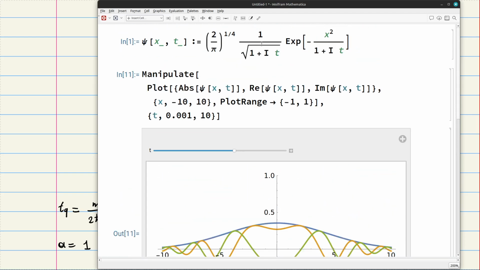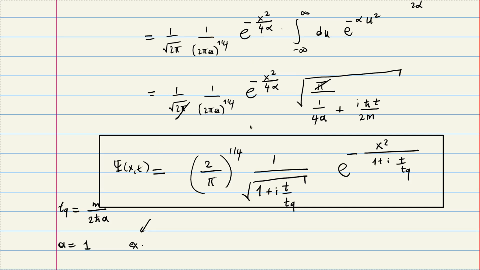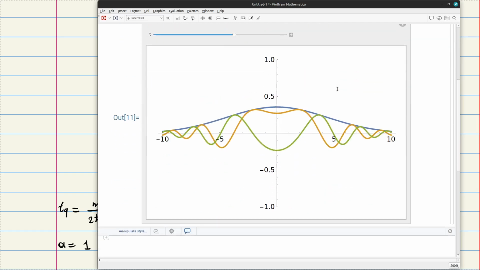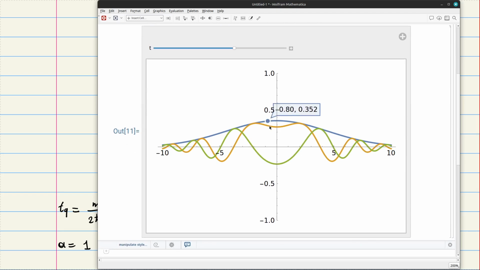So this is exactly the wave function I wrote here. This is exactly what we derived. And what I'm plotting is the absolute value. Take this wave function and sketch the absolute value. This is the real part and this is the imaginary part. Blue is absolute value, orange is real part, and green is imaginary part.